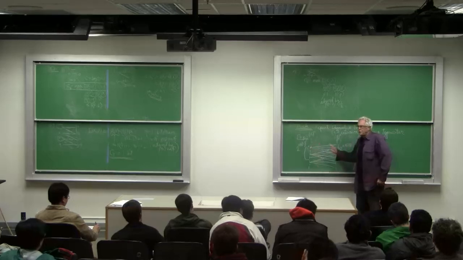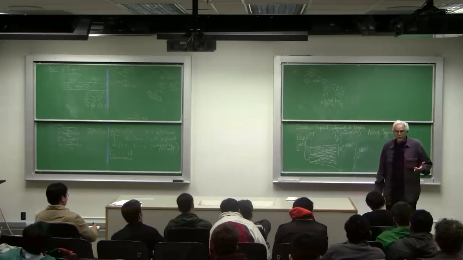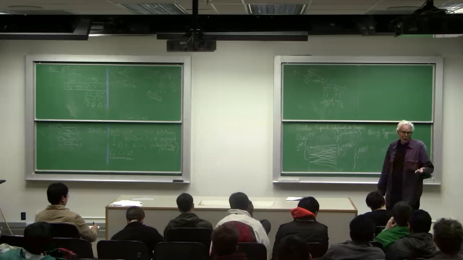We'll use the term joint typicality for an XY pair that is typical in X, typical in Y, and typical jointly.